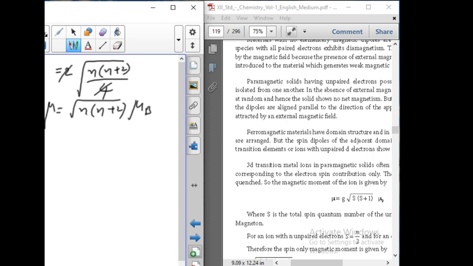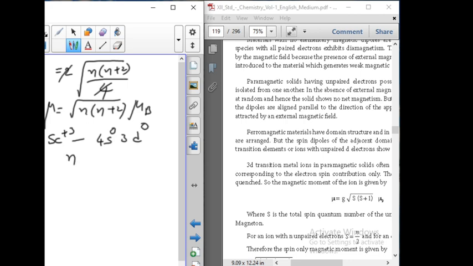So for example, for any element or transition metal ion they give you, how to calculate the magnetic moment of the electrons? Suppose I am taking scandium plus 3. First I write the electron configuration. Scandium's electron configuration is 4s2 3d1, but for scandium plus 3 it is 4s0 3d0.